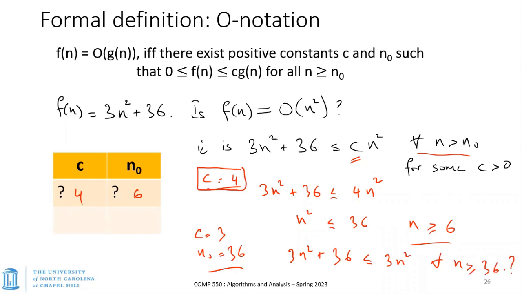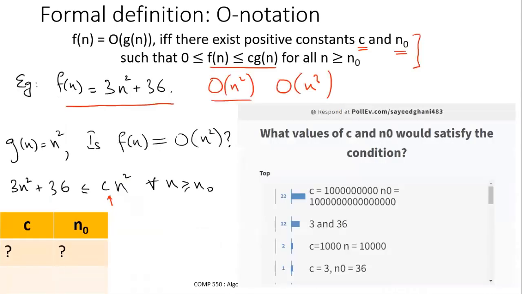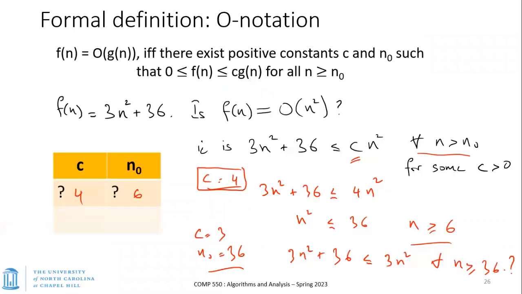Does that make sense? No. Yeah. So this answer was wrong. So clearly you can see that for any value of c less than or equal to 3, you're going to have a problem because you have 3n squared over here, right? So this is sort of giving you an intuitive feeling of what combinations of c and n naught would make sense. Okay.